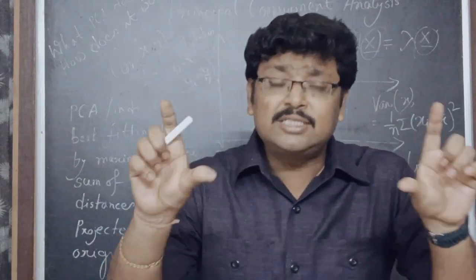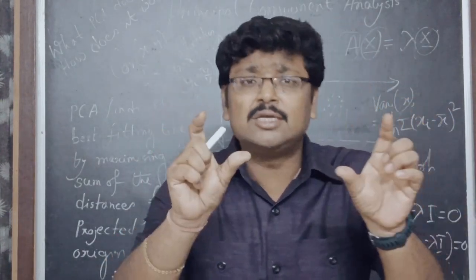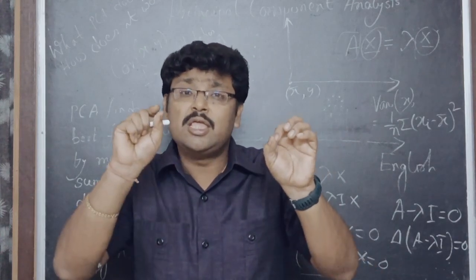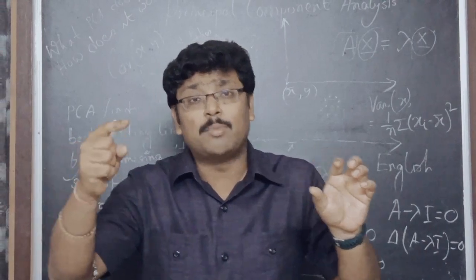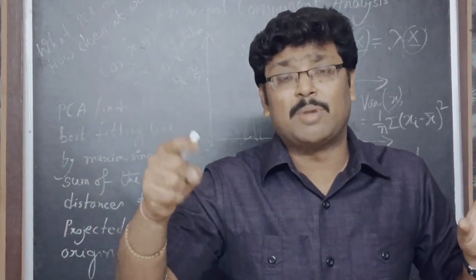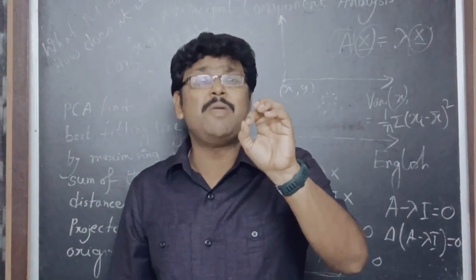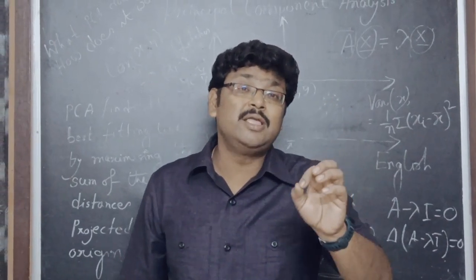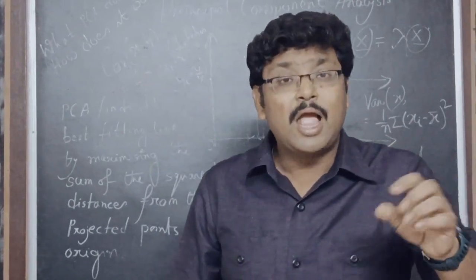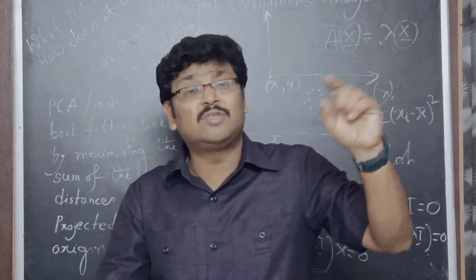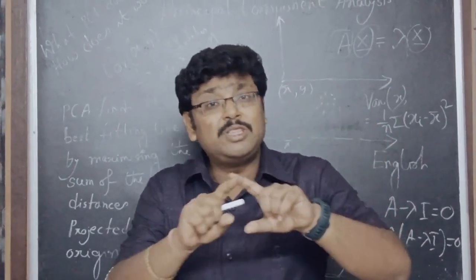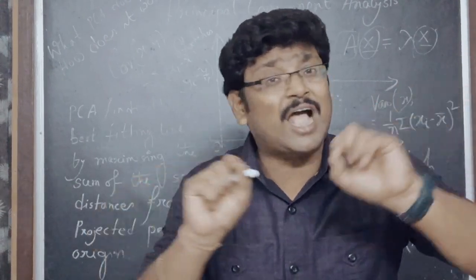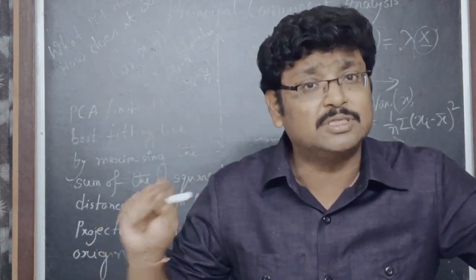So for these roots, the normalized vector may be represented by e1, for example, and for the higher value of lambda, it would be the first principal component, as I mentioned in my previous lecture.